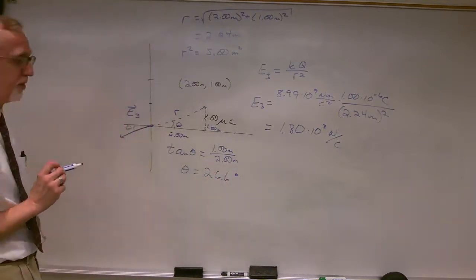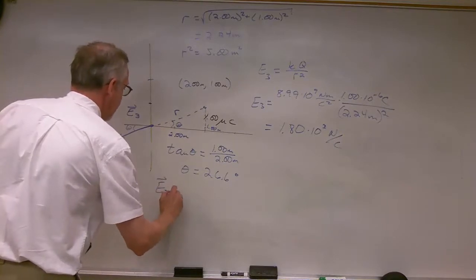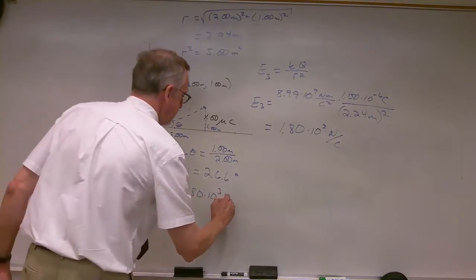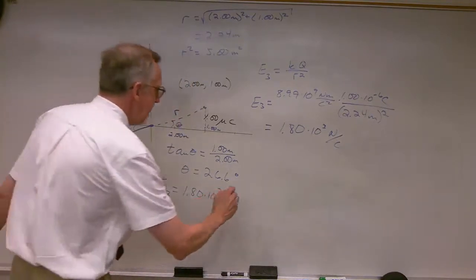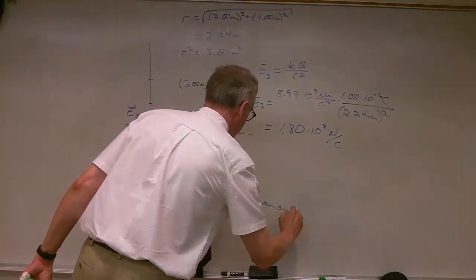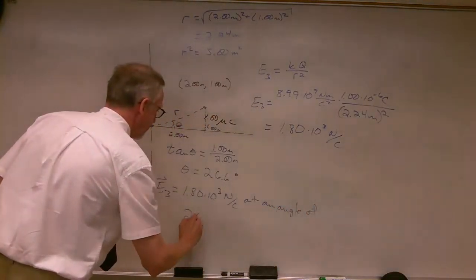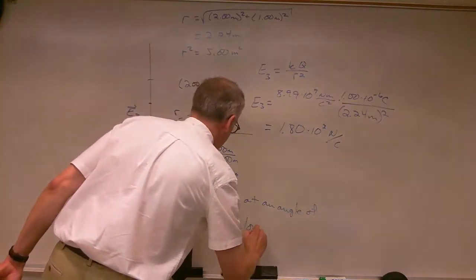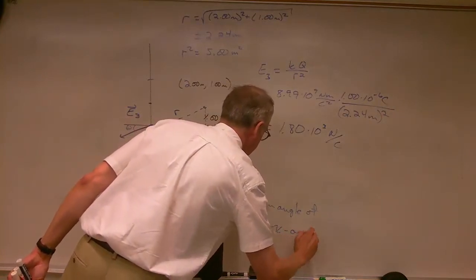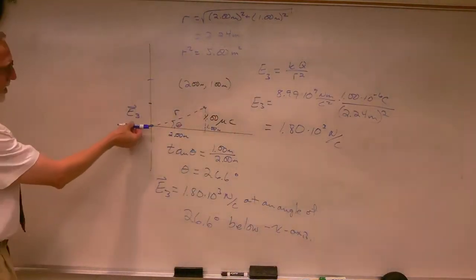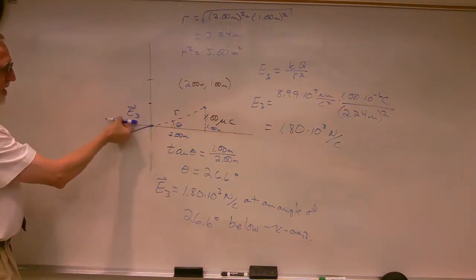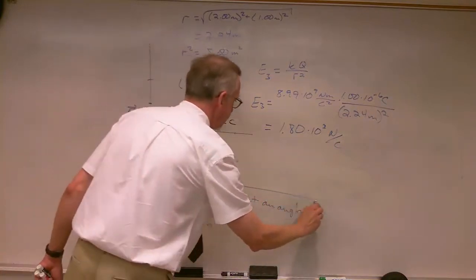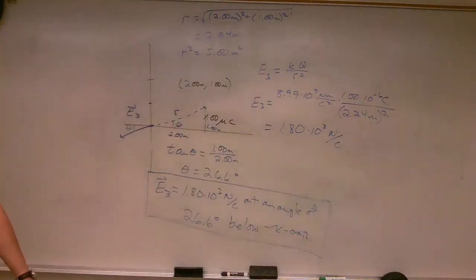So one way of describing E3 is that E3 vector is equal to 1.80 times 10 to the third newtons per coulomb at an angle of 26.6 degrees below the negative x-axis. There we go, one description for our vector E3.